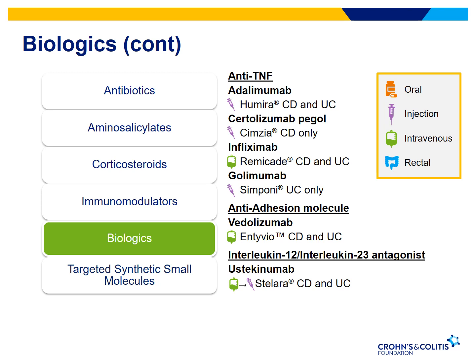So again, two categories are directed against chemicals that are promoting inflammation. That's anti-TNFs, and then the anti-IL-23 and 12. And then one category works by decreasing the ability of cells that are causing inflammation from reaching the GI tract. Those are the anti-adhesion molecules. And these medicines are a combination of IV infusions, that's Entyvio and Remicade, or injections, that's Humira, Cimzia, Simponi, and Stelara.